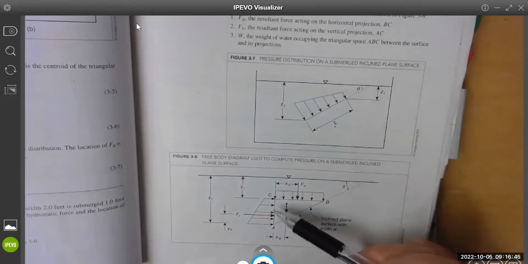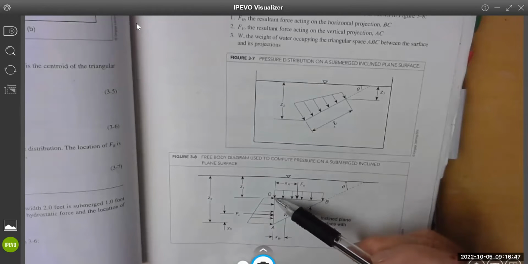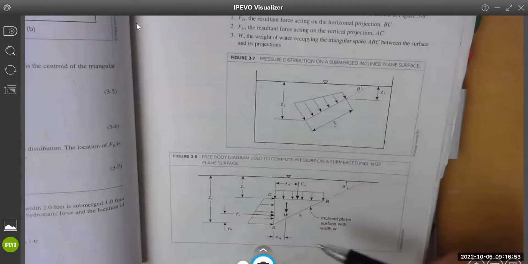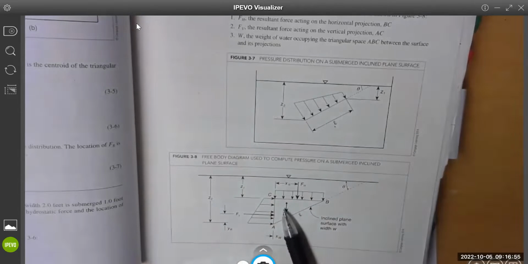We haven't found them yet. We haven't broken our surface into its own triangle.